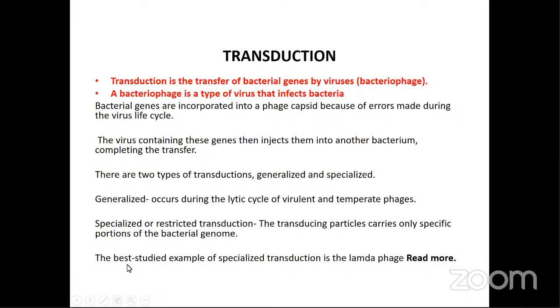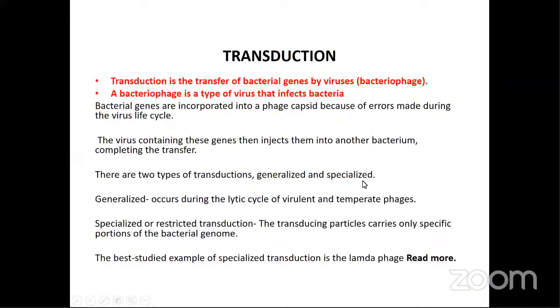And generally, the best studied example is the specialized transduction, which is the lambda phage type of virus. You can read more if you are interested. At this stage, you need to know that there are two types of transduction, the generalized and the specialized type of transduction.